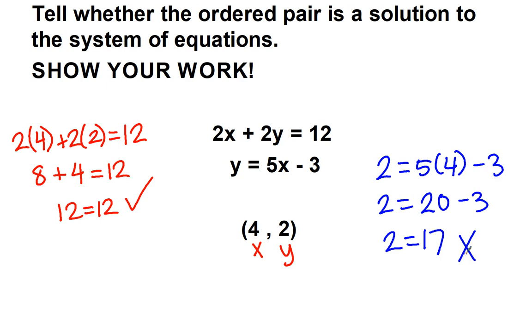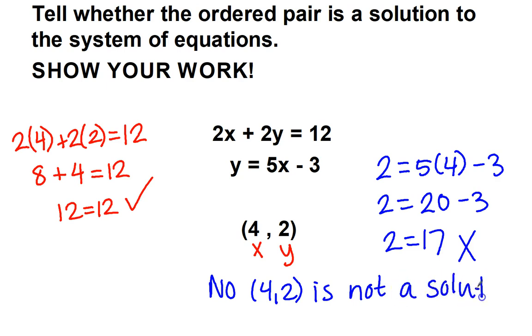So no, that is not the solution. It does not mean it's no solution. There could be a solution here, and on this one actually there is. But (4, 2) is not. So no, (4, 2) is not a solution. Because it's not true, it does not work. Okay? So there you go.